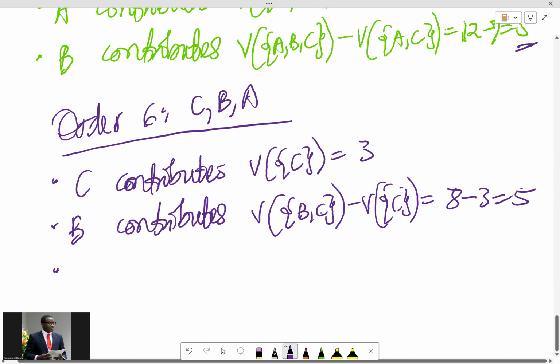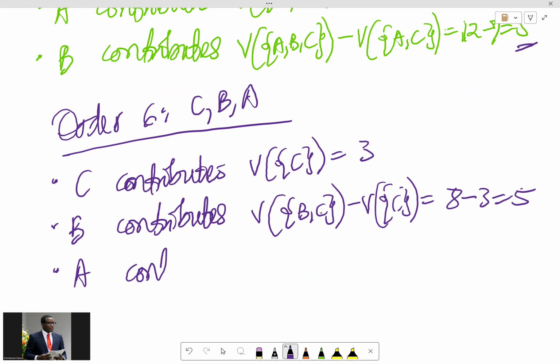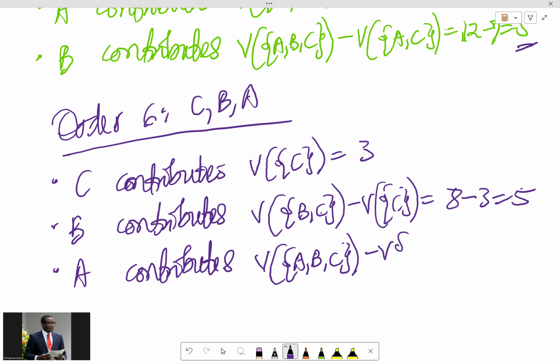And lastly, what does A contribute? A contributes the difference between the value of the grand coalition ABC minus the value of the coalition between B and C, which is 12 for ABC minus 8 for BC, and that is 4.